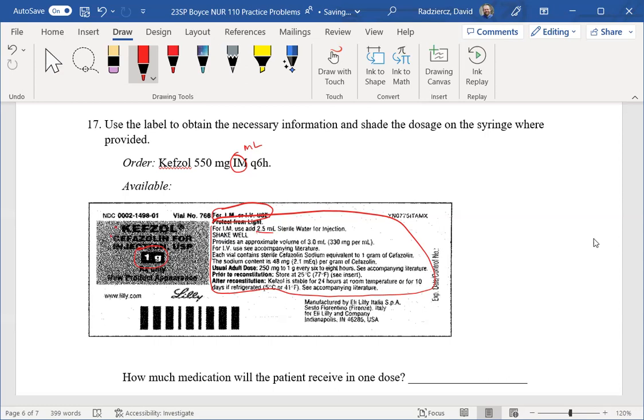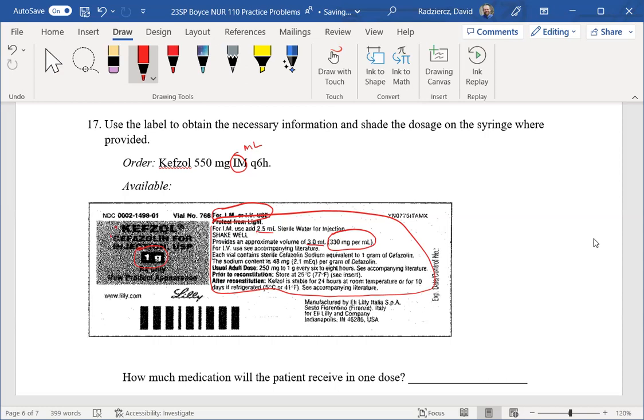After doing that, it will provide an approximate volume of 3 milliliters. That's important to know, but it doesn't tell us our concentration. What tells us our concentration is the very next thing in parentheses, where it says 330 milligrams per milliliter. That's what you're looking for. Every reconstitution problem is similar in what you're looking for, but it may not be very easy to find.